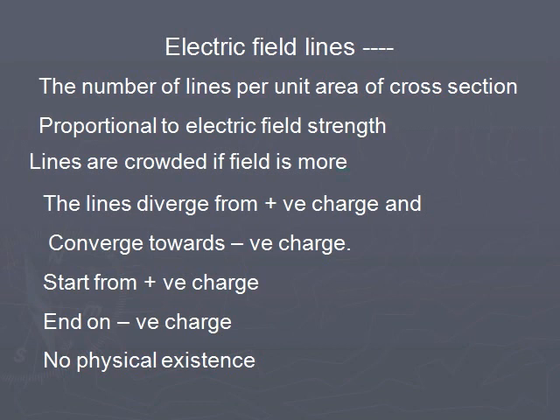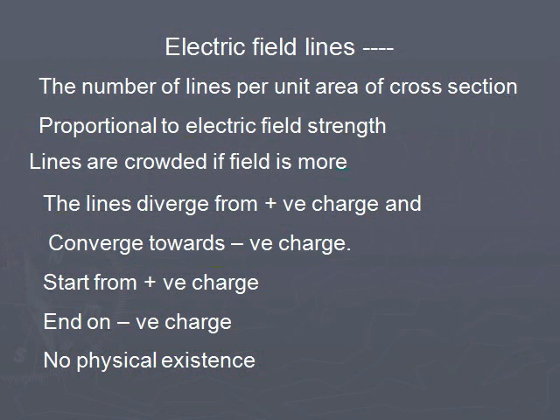At any point, an electric field will have only one magnitude and one direction. So no two electric field lines will intersect. If they intersect at a point, that means the field has two directions. It's not possible.